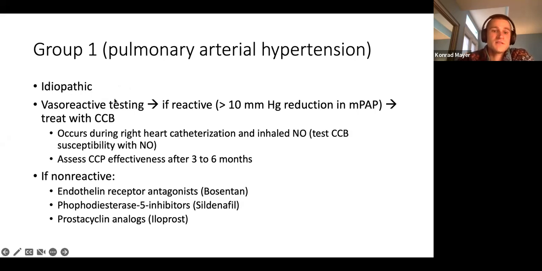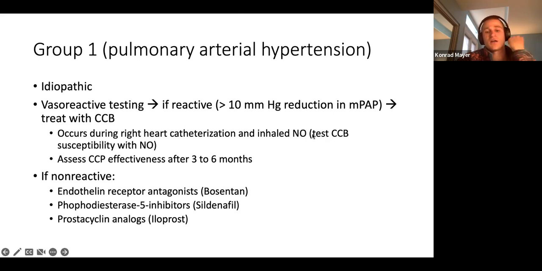And the treatment for this is to do a vasoreactive testing. This is done during right heart catheterization, and you give the patient inhaled nitric oxide. And if they react, then there is a good chance that calcium channel blockers, I just see I misspelled this, I'll correct this later, will be effective in treatment.